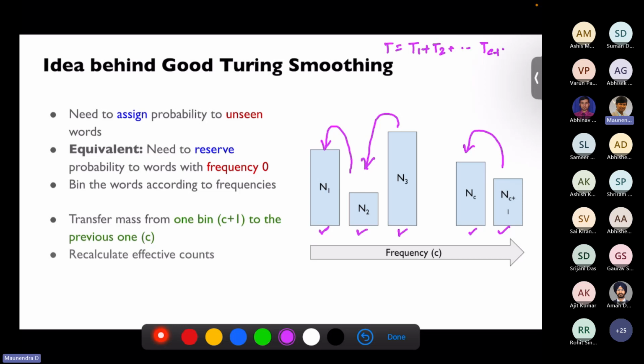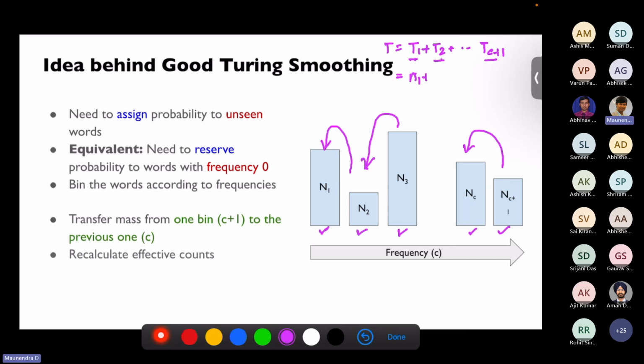That means for words occurring 1 time there is a total token count, for words occurring 2 times there is a total token count, and so on. Now suppose there are n1 words which have frequency 1. So this T1 is equal to n1.